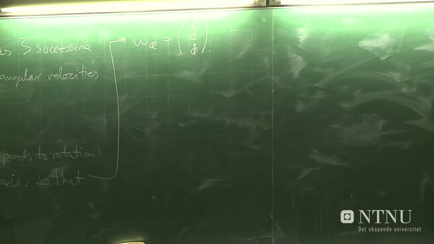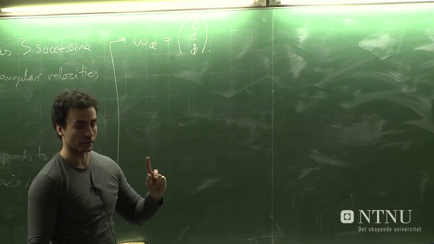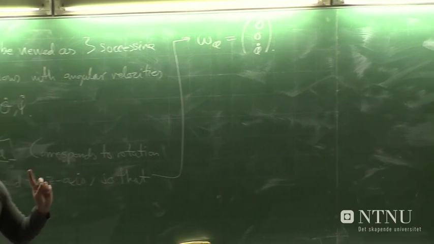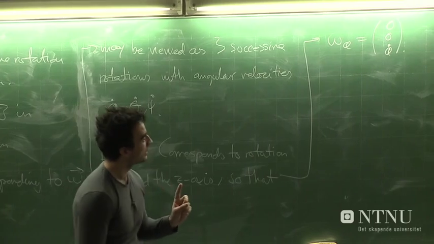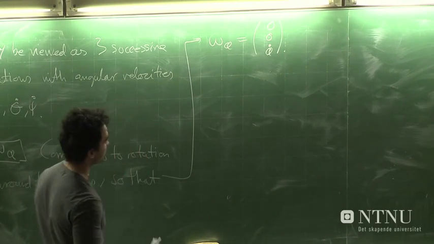So the first angle phi corresponds to rotation around the z-axis, which means that the angular velocity thus points along the z-axis because the angular velocity points along the axis of rotation, and it has a magnitude phi dot, the time derivative of phi.